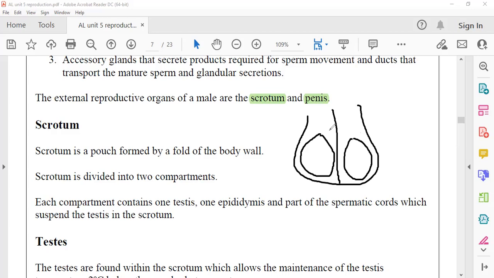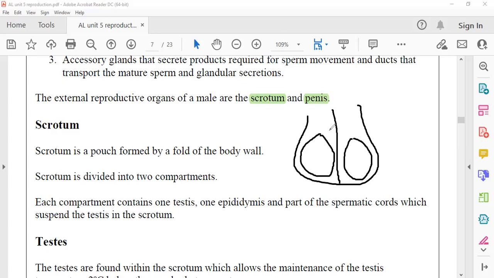What is the significance of it? In the female, we don't see any scrotum-like pouch.